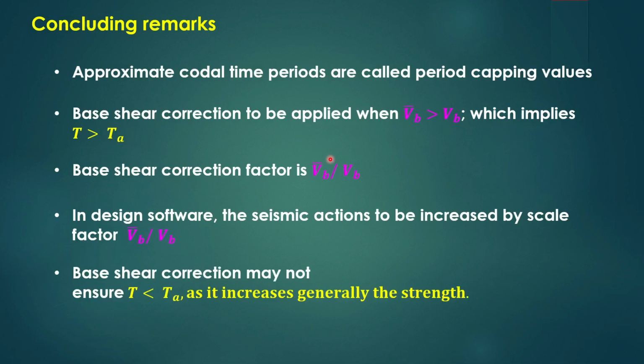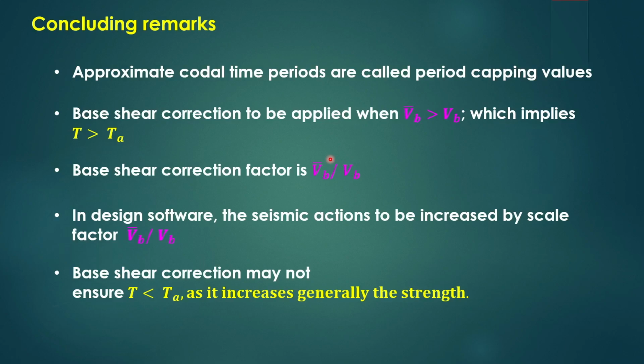Base shear correction may not always ensure that T is less than TA physically, because by increasing all the actions by that ratio VB bar by VB, you are increasing bending moment, shear force, etc., which in design may not require increase of the size of the section.